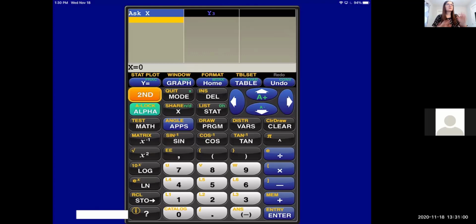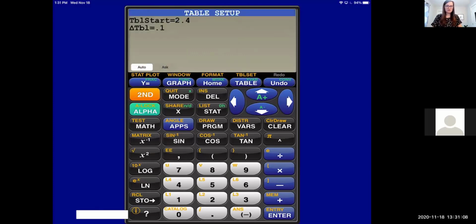If this table is already preloaded with numbers, make sure it's not on auto, it's on ask. It'll look a little different, but you'll see it has auto or ask for the independent variable. You want it to be on ask.